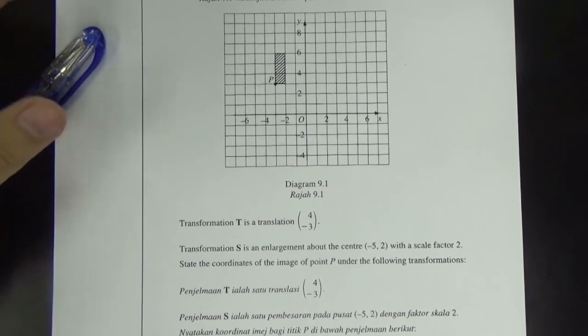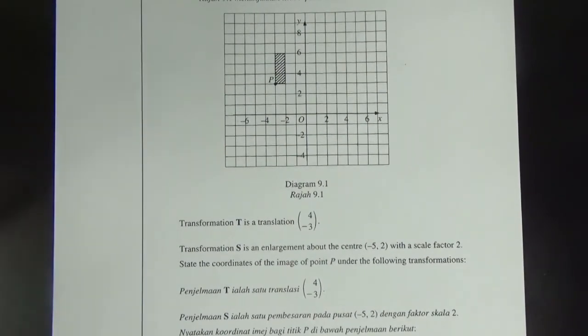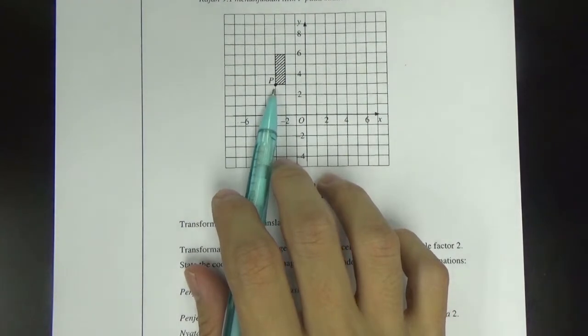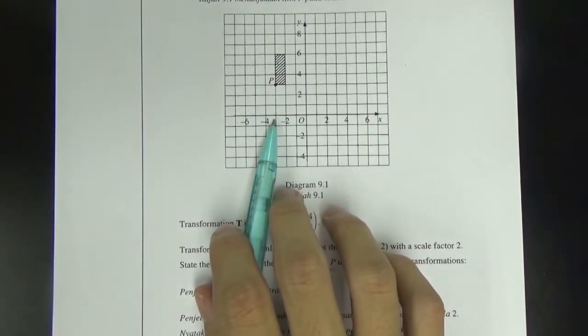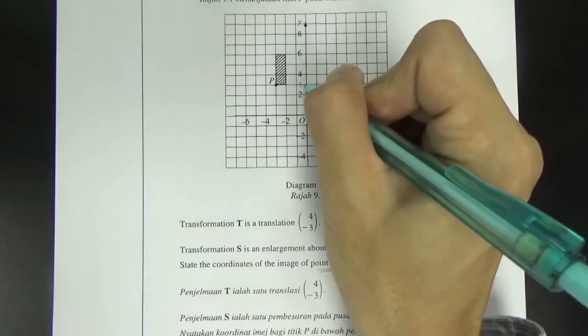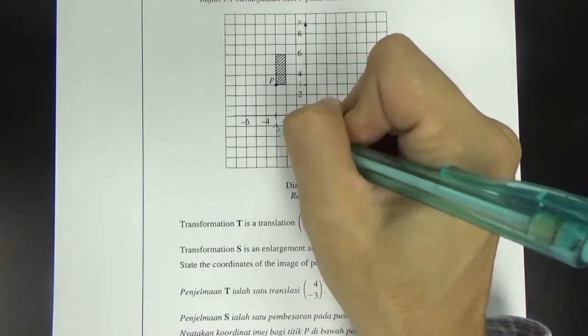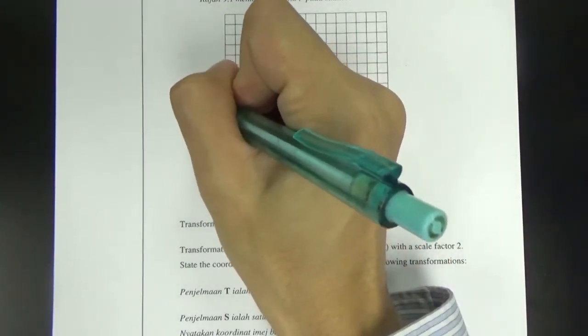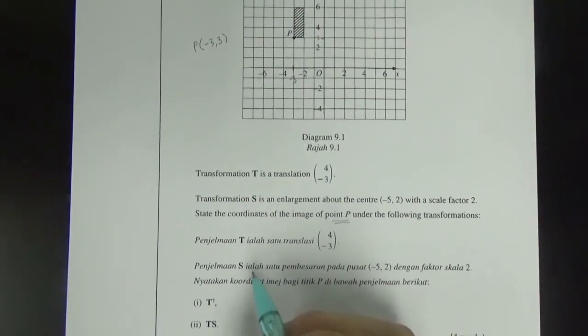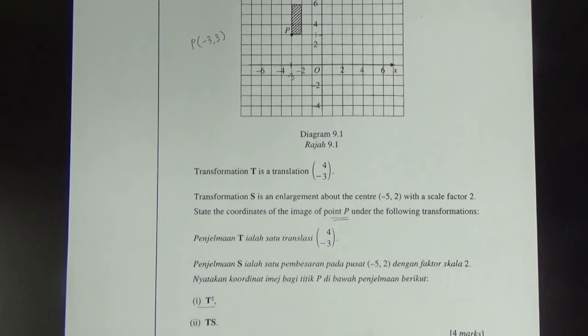Now let's see where is the location of this point P. First of all, point P has a coordinate of (-3, 3). Alright, now let's solve part 1.